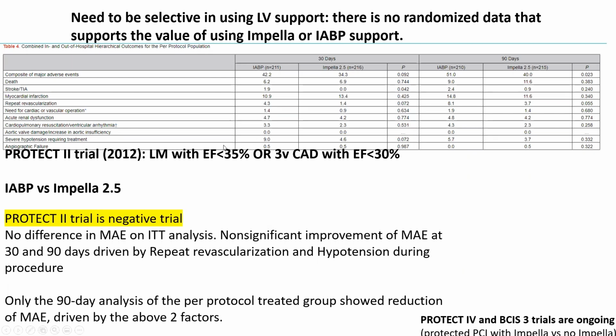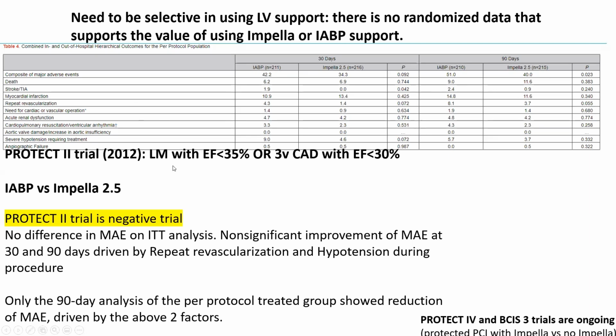So they took patients with left main disease and EF less than 35 or 3-vessel CAD with EF less than 30%. There was no difference in outcomes in the intention to treat analysis. The only time they got an improvement is on per protocol analysis at 90 days. They found an improvement of major adverse events.